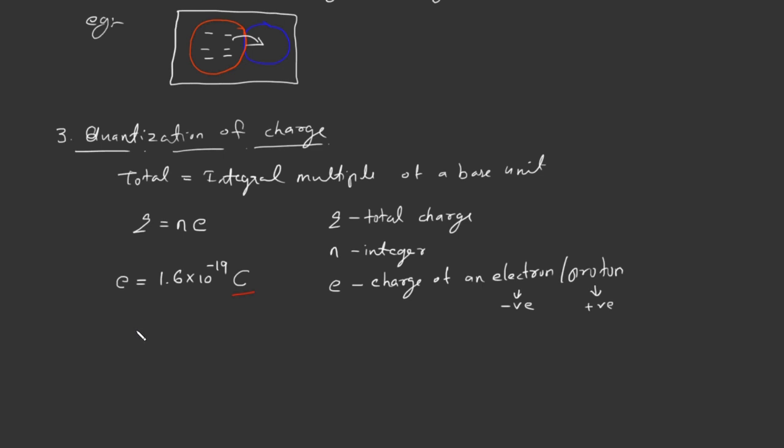Let us understand, Coulomb is the SI unit of charge. So SI unit of charge is Coulomb and is represented as capital C.